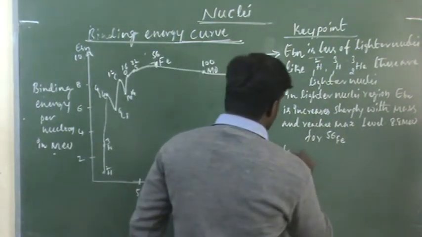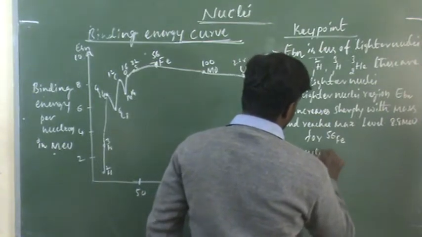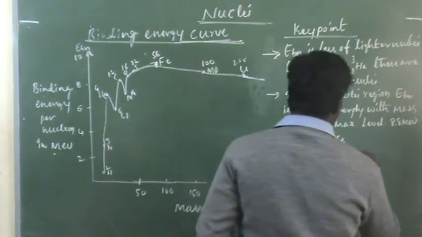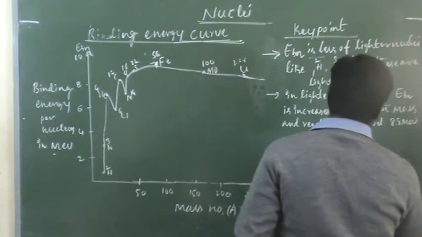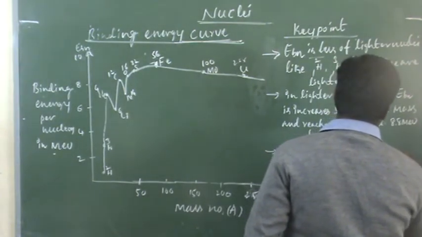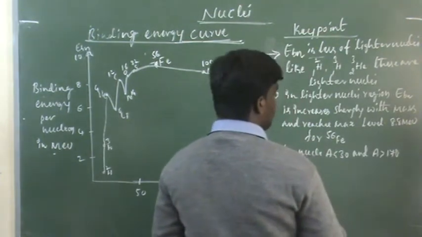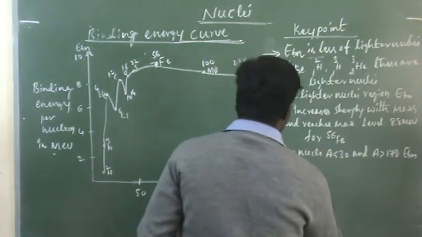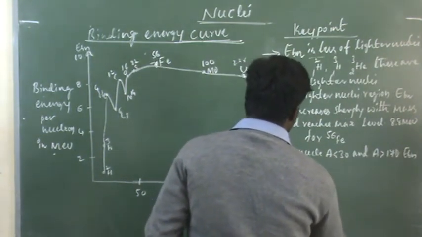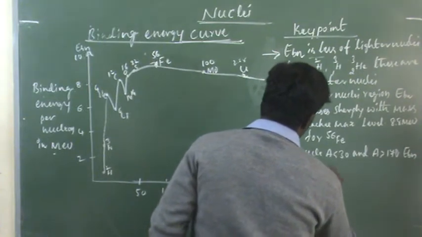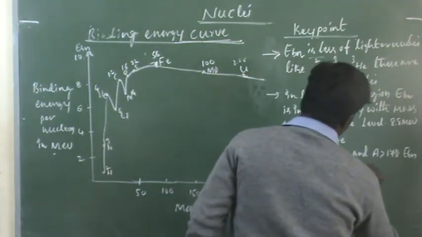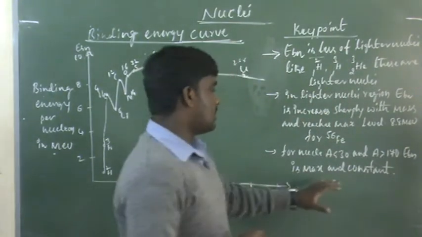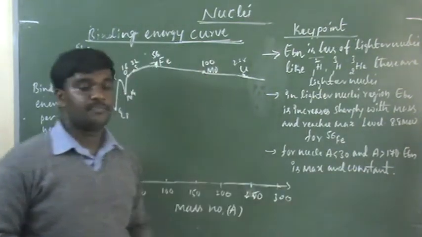Next, for nuclei with mass number A greater than 30 and less than 170, the nuclear binding energy per nucleon is maximum and constant. Those elements are stable. Clear?